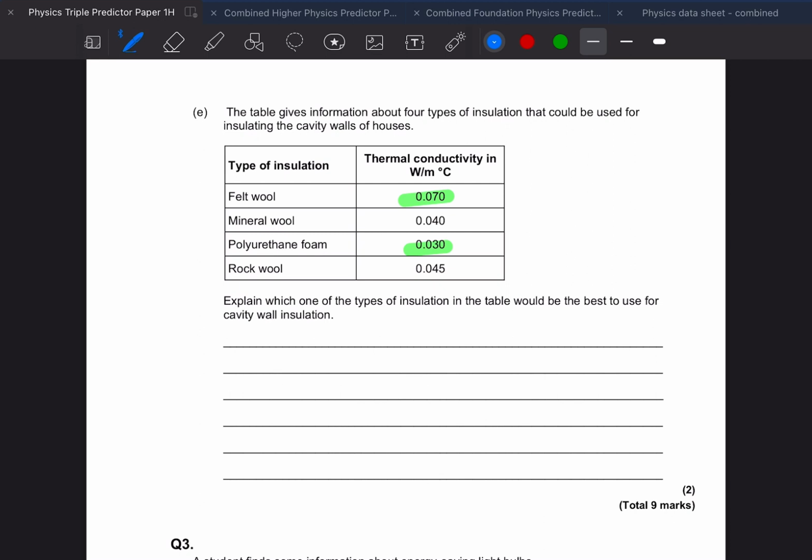So the higher the number, it means that there's more conduction, so worse insulator. So this one here is the worst insulator, the felt wool, and the foam here is going to be the best insulator because it's the worst conductor.